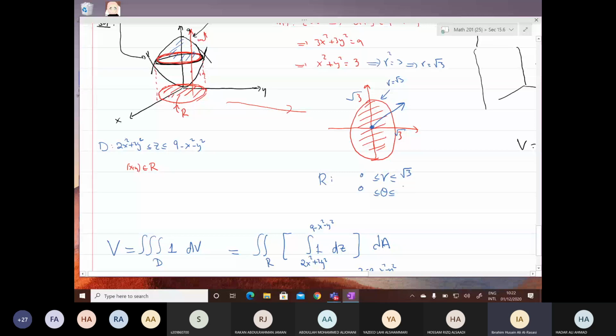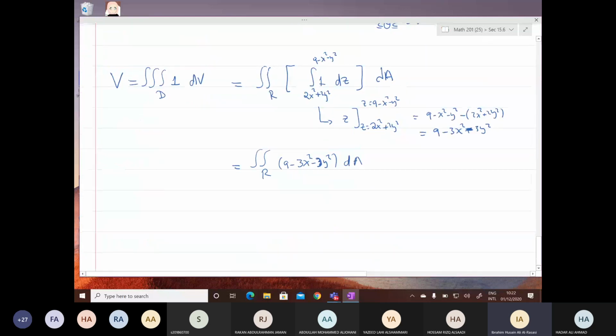Now I convert everything to polar: 9 minus 3r squared, and dA in polar is r dr d theta. Limits of r are 0 to root 3, and limits of theta are 0 to 2 pi. Now it is very simple to integrate, and you end up with the final answer, 27 over 2 pi.